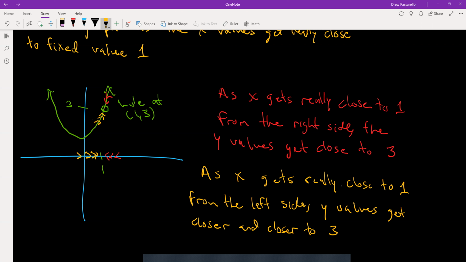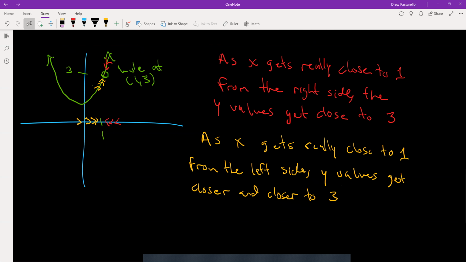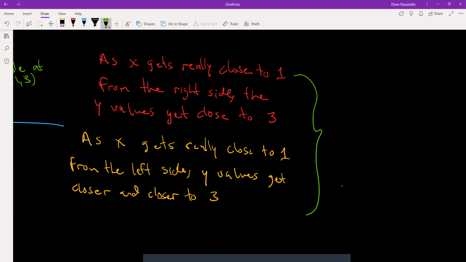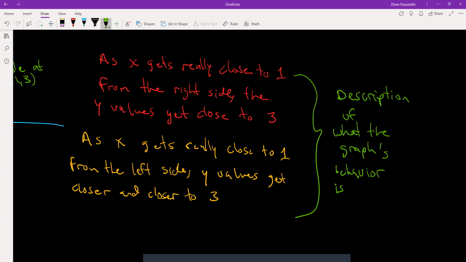All right, so what I've just written is a description of what the graph's doing. So this is our description of what the graph's behavior is, as we get closer to the particular fixed value of 1.